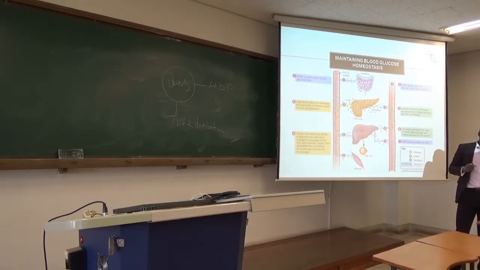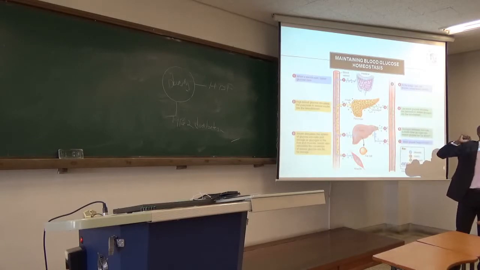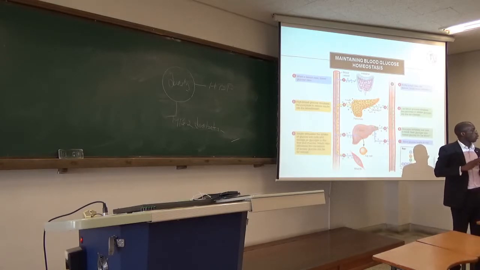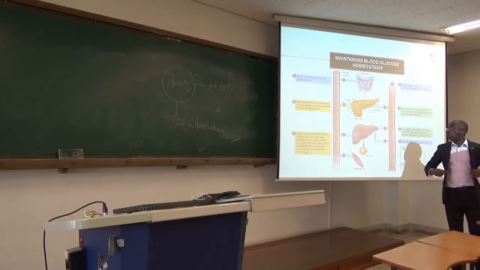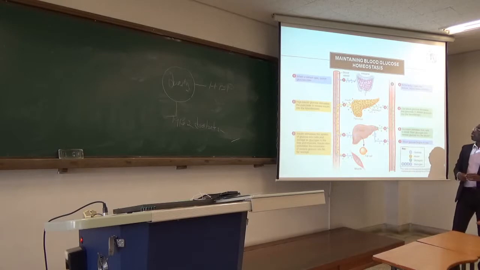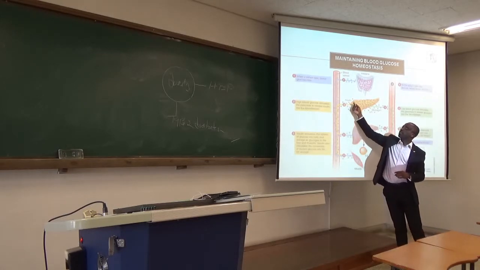So now what do we have? Sugar in the blood, right? But we don't want too much sugar in the blood. Our body is a nice organized machine. So then the pancreas will be making this guy that we call insulin.